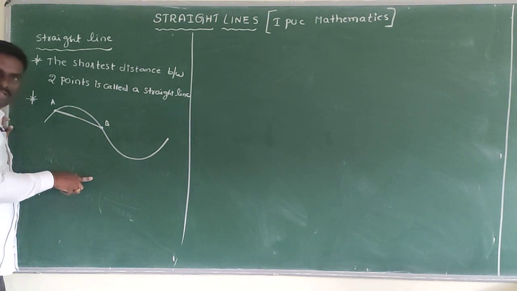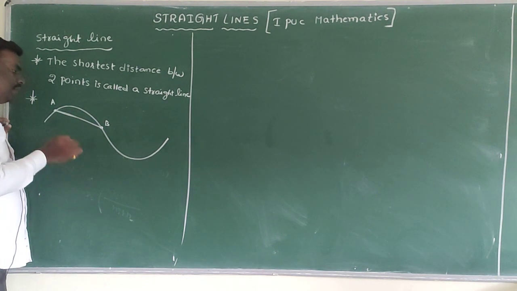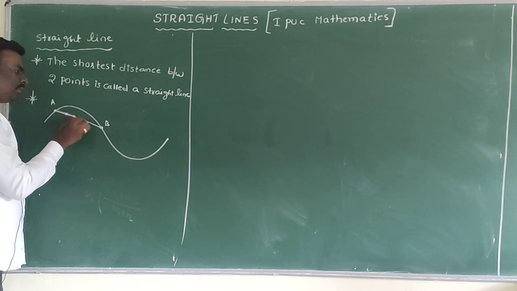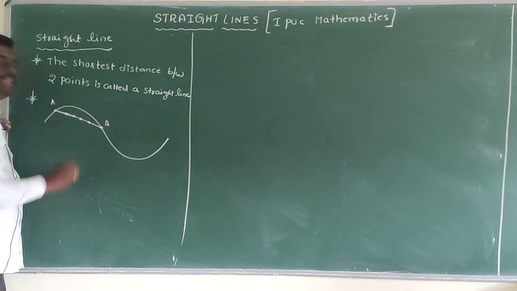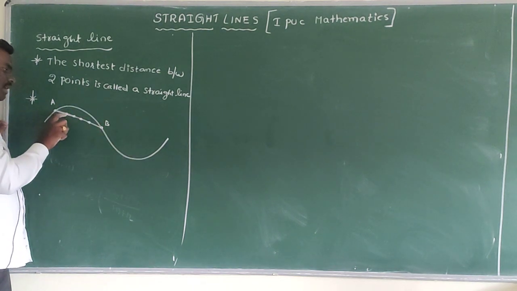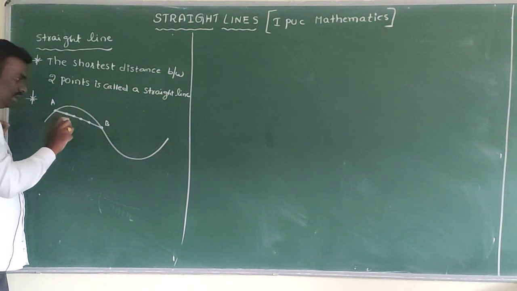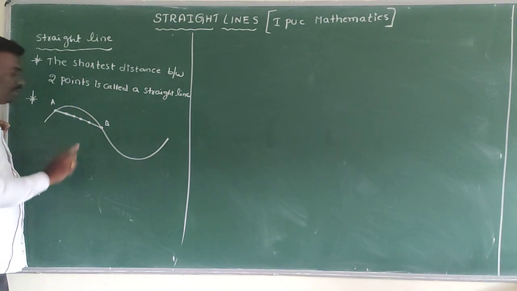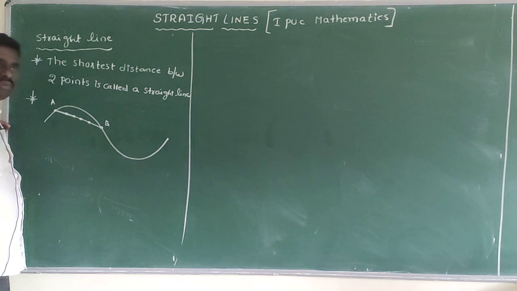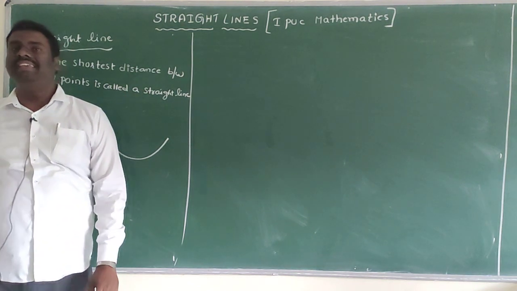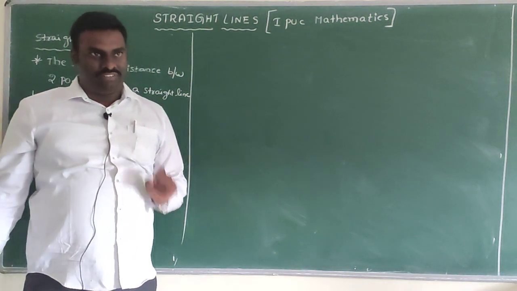It is a line segment. Now, do all points on this AB lie on the curve or not? No. That's why this cannot be considered a straight line.